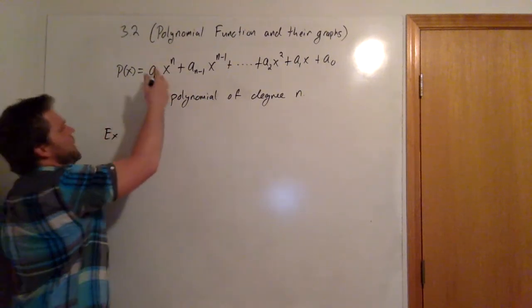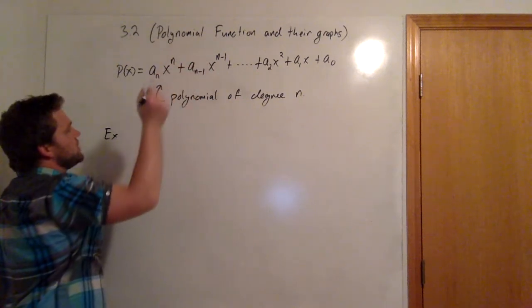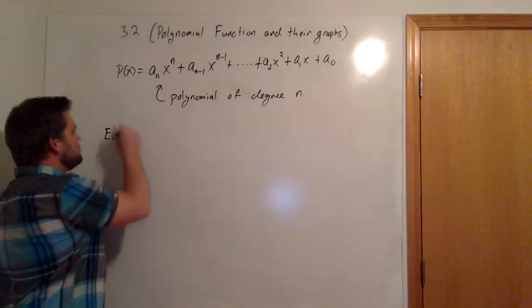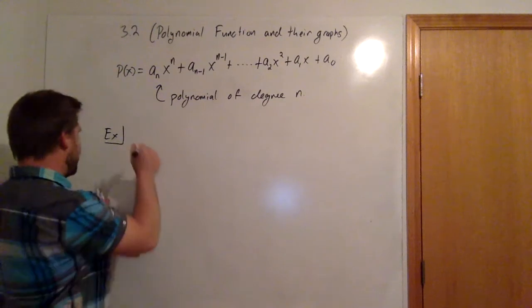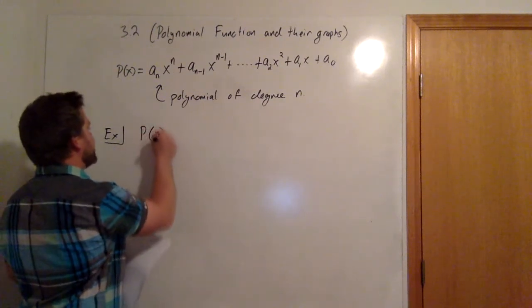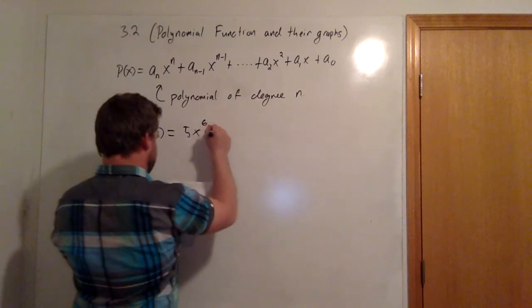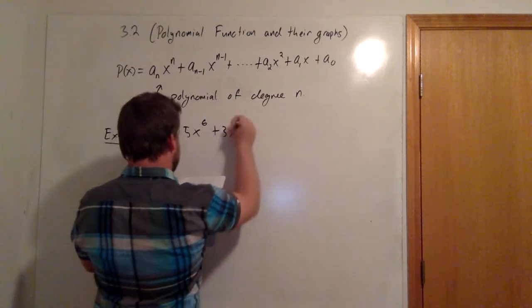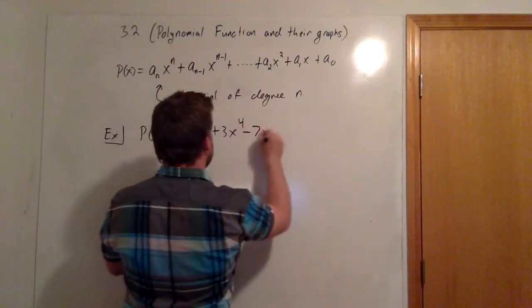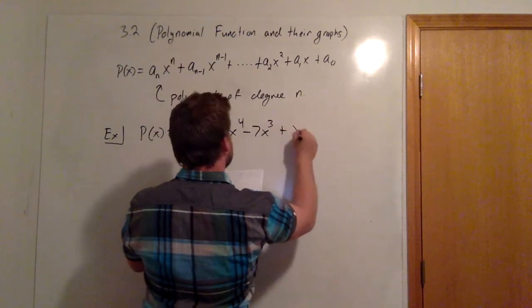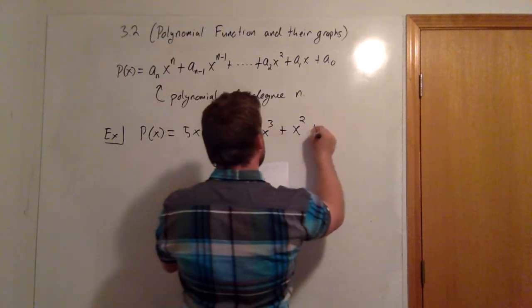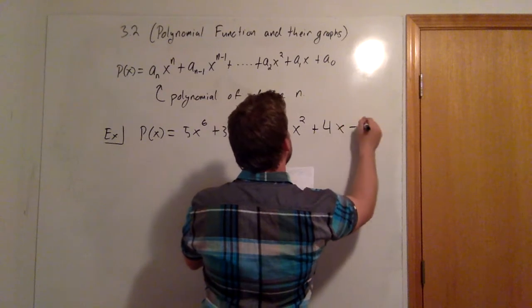Understand what are these a sub n's, these a sub n minus 1's. So let's say we have a polynomial p of x, which is equal to 5x to the 6th plus 3x to the 4th minus 7x cubed plus x squared plus 4x minus 8.